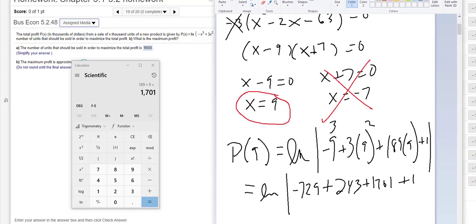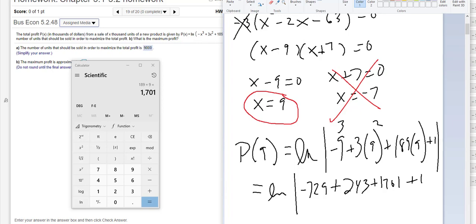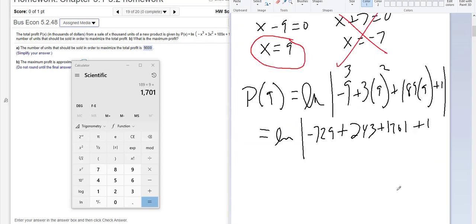Let me move this over a little bit to make sure you can see everything. I have to take the natural log of these things added together. So let's add negative 729, plus 243, plus 1701, plus 1. That's the natural log of 1216, and I don't need those absolute value bars, parentheses are fine.